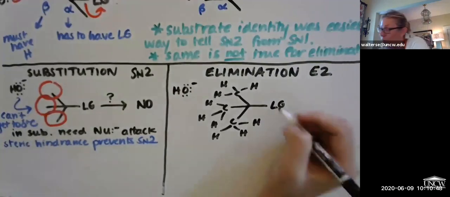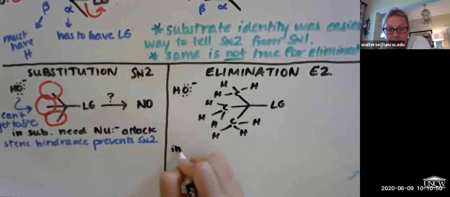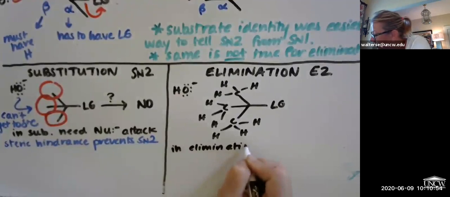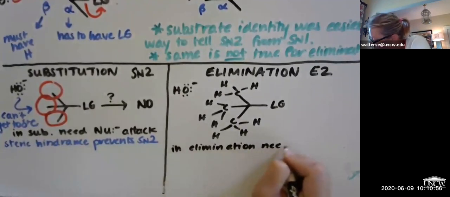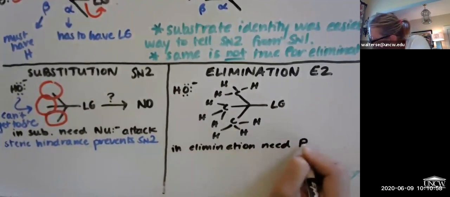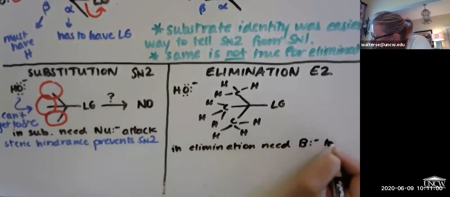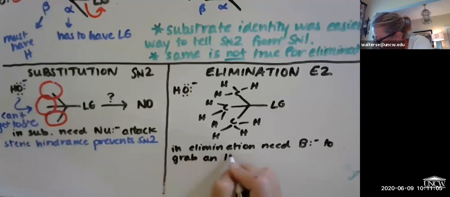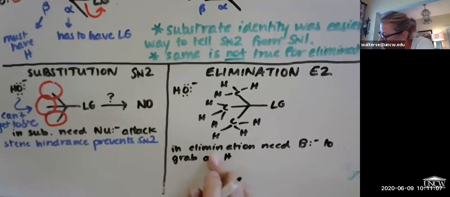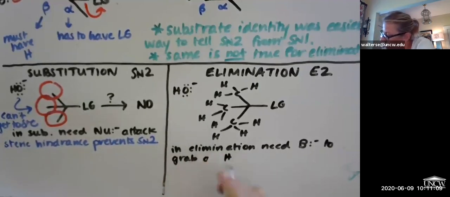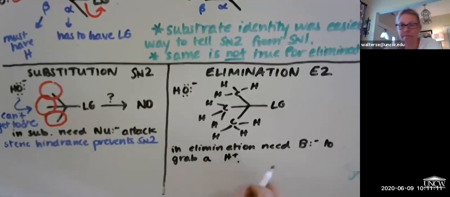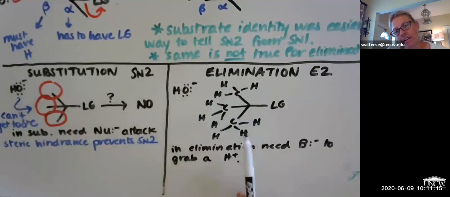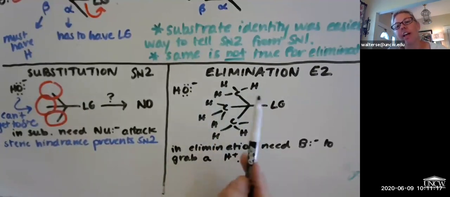All right. So in elimination, we need our base to grab a proton. There's 9 of them on here, and they're all on the outside.